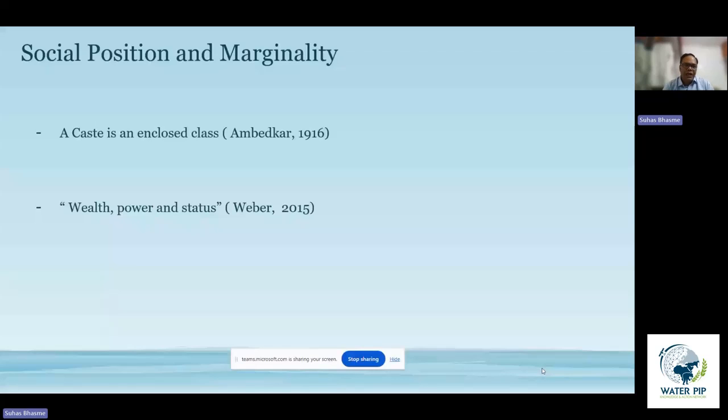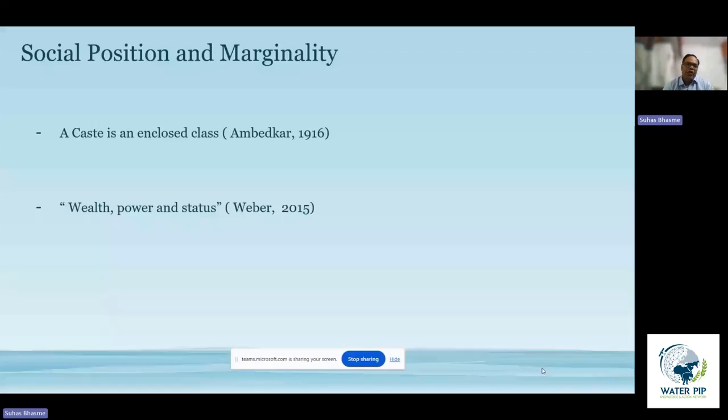So when we understand marginalization or marginalized groups in the context of India, as most of us know, it is a caste divided society, and caste is a social category in terms of your location in a social hierarchy.